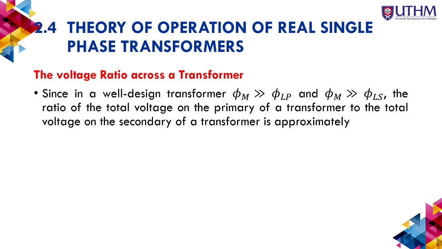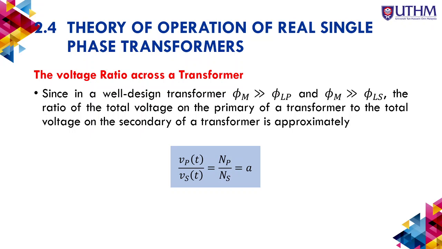So this is the important part, which is the assumption. Since it is a well-designed transformer, the mutual flux is very large compared to the primary leakage and also the secondary leakage. So the ratio of the total voltage of the primary to the total voltage of the secondary becomes approximately the same as the ideal transformer.